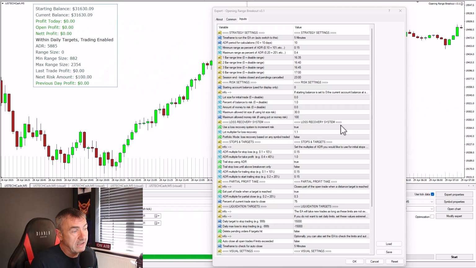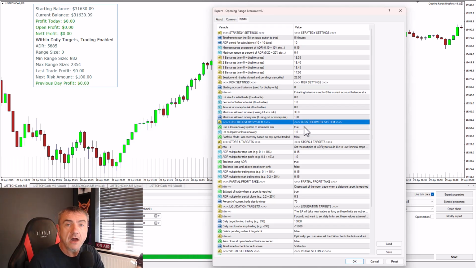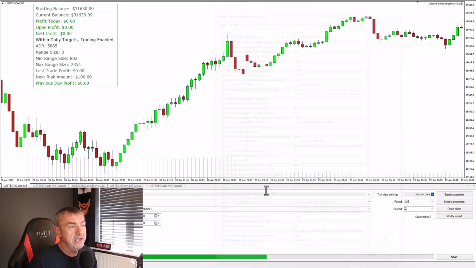So what you can do is you can at any time come into the inputs here and just change that to false, or you can adjust the portfolio mode, or maybe move that down to just 1, which basically resets it back to normal. So you can adjust it on the fly as well, but this only updates on candle close. So if you make a change in here and press the OK button, it won't suddenly change. It will wait until the candle has closed, and then it will update and say what it's going to do next. So just bear that in mind when you're using it.